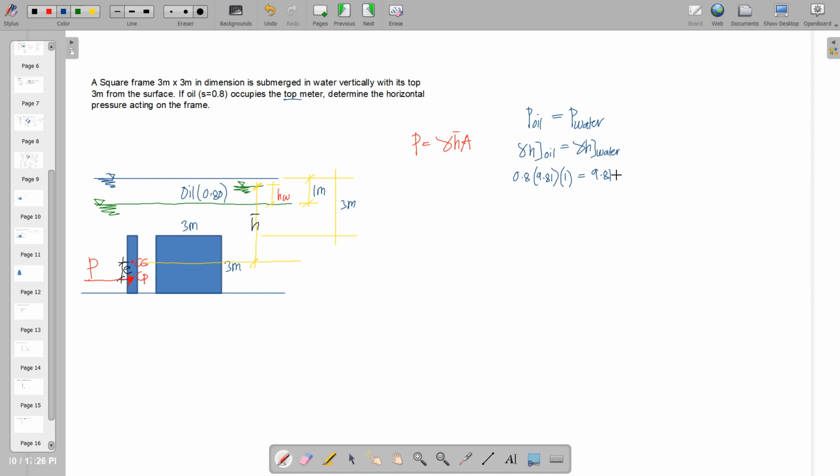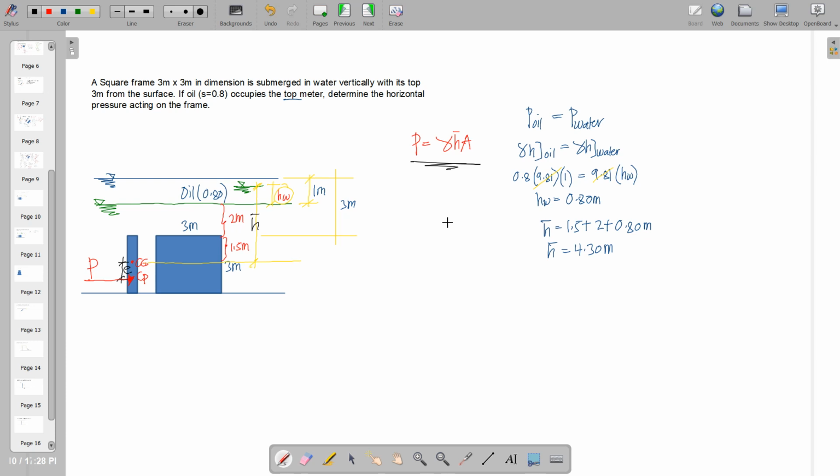And gamma for water is 9.81, times the head of water. We can cancel the two terms, and therefore the head of water is equal to 0.8. This head of water again will be our reference in computing h bar. Hence h bar will be equal to 1.5 meters plus 2 meters plus hw, which is 0.8 meters. Adding all of this, we have an h bar equivalent to 4.3 meters.